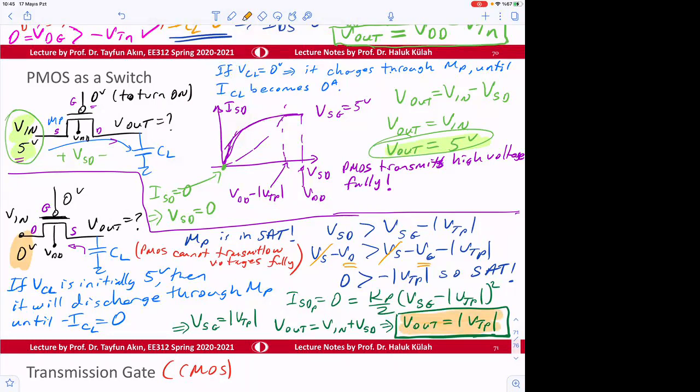I mean, this doesn't mean that we give the input and then output is pulled up to VTP. We should look at it from the other concept and say that when there's a CL charged up to 5 volt, we can discharge it down to VTP, absolute value of it. So 0 doesn't become 0 volt. The 5 volt at the CL can be dropped down to 1 volt only.